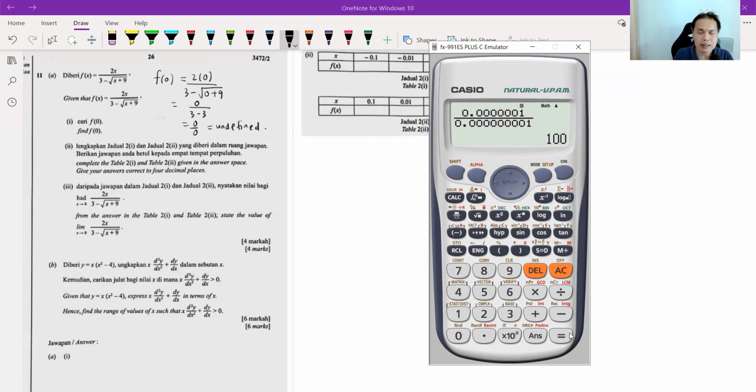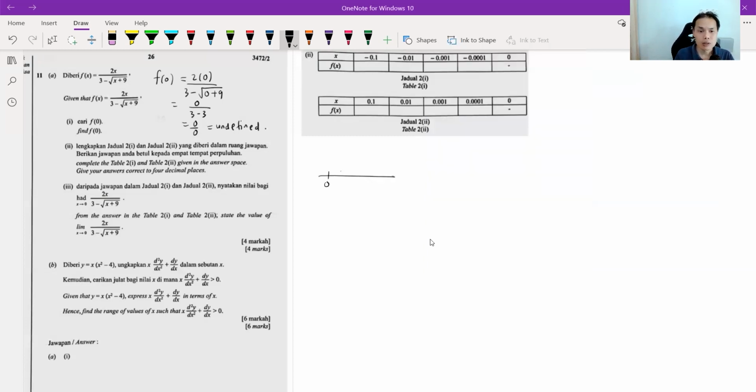We don't know exactly what the value is. A number close to 0: 0.1 is close to 0, 0.01 is closer to 0, 0.001 is even closer to 0. The more zeros you have, the closer it is. But when you divide a number close to 0 by a number close to 0, we don't know exactly what it is. It is actually undefined. It's not 0, it's not 1, it's undefined. Okay, second part.